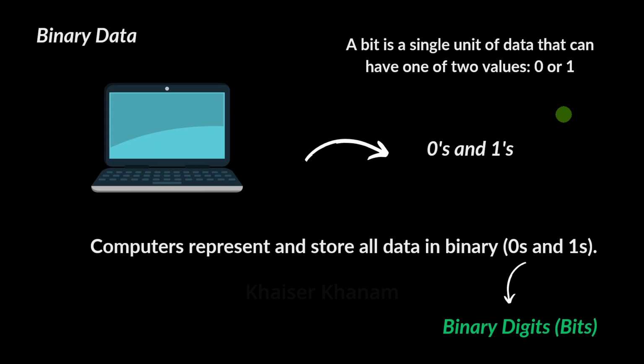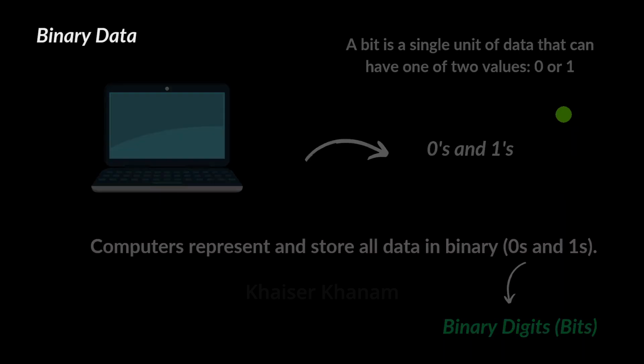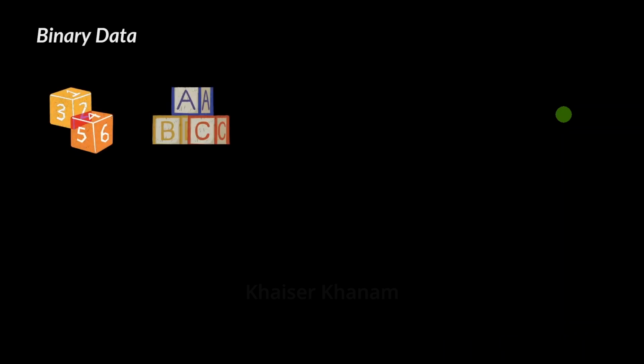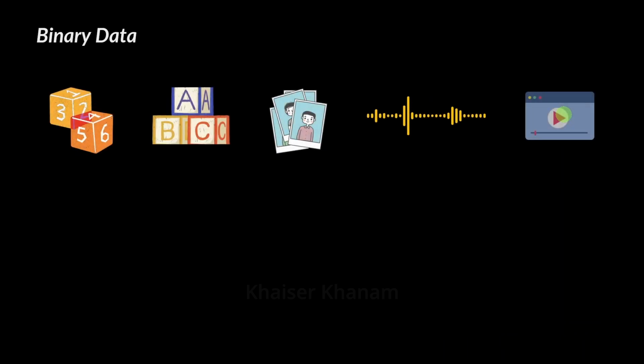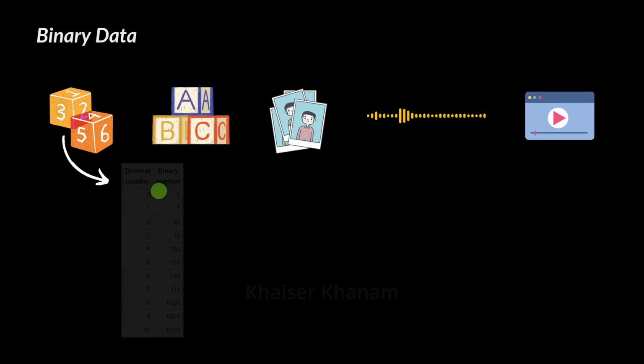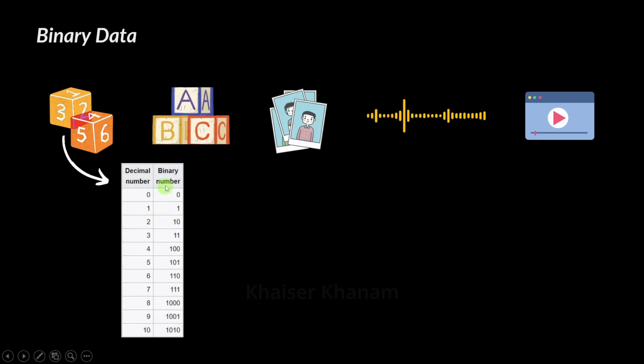These bits are used to represent and store all types of digital information. Doesn't matter if you have numbers, text, images, audio, or video, all these forms of data will be stored inside the computer in the form of bits by encoding them into binary form. Numbers will be converted to binary using the base 2 numeric system.